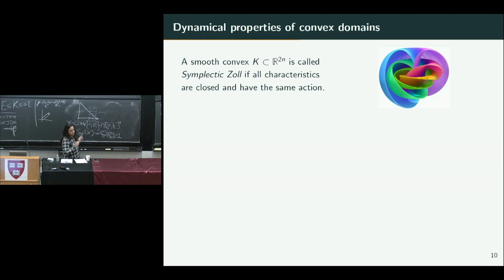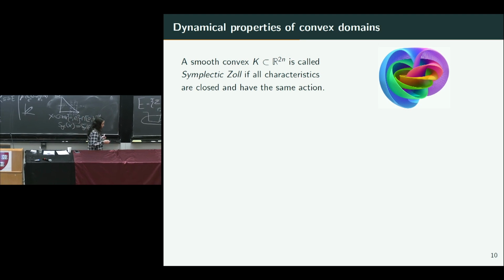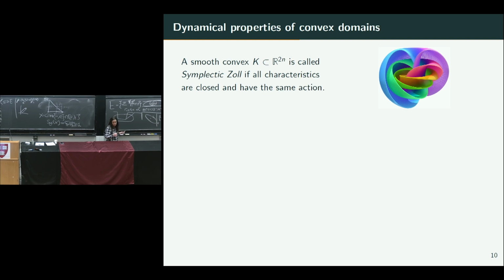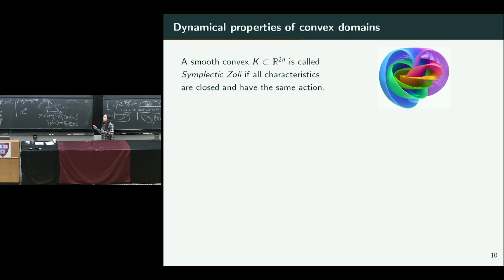So coming back to the Zoll notion, borrowing from Riemannian geometry, a symplectic Zoll domain is defined as a domain having through every point passing a closed characteristic, and all of the closed characteristics have the same action.